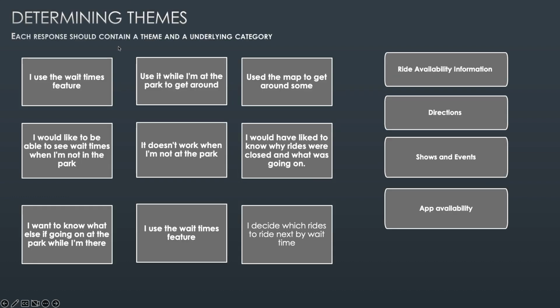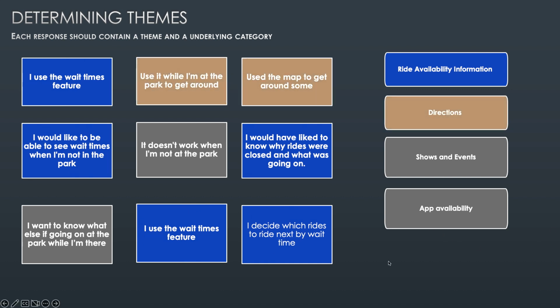So if you look at these themes, these are the themes on the right-hand side: ride availability information, directions, shows and events, and app availability. When we think of ride availability information, these are statements that customers have made that point us to, hey, I want to know when a ride is available when I use this application.